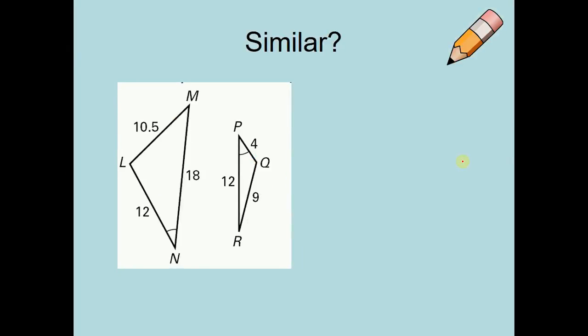Now, let's see, are the rest of these similar? It looks like I have to turn this one around, because this angle is matching to that angle. So it looks like PQ matches to LN, if I spin that in my mind. So I'm going to go 4 over 12, which simplifies down to 1/3.